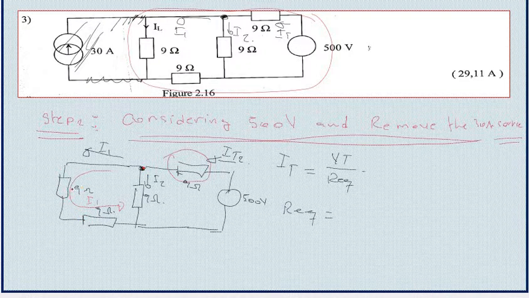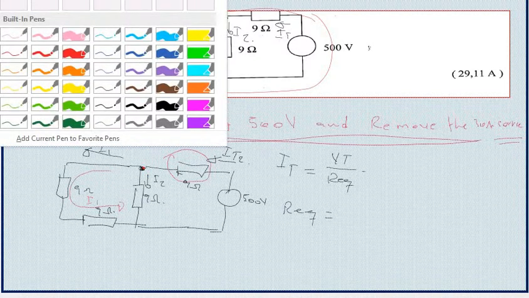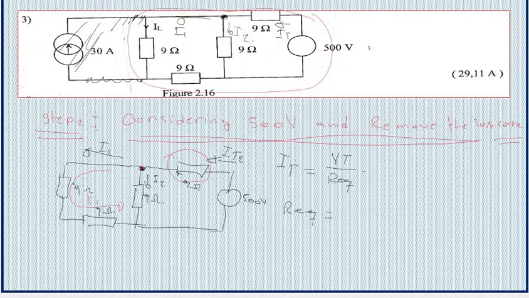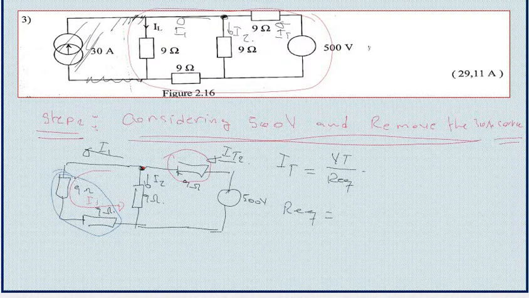So I can say that these two resistors are in series, and then I can replace them by one single resistance. So now the current that passes through all this block is not the same as that current.